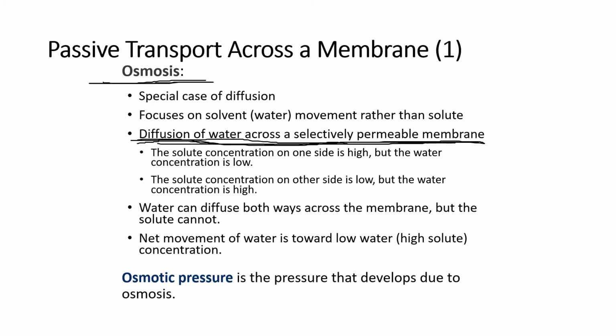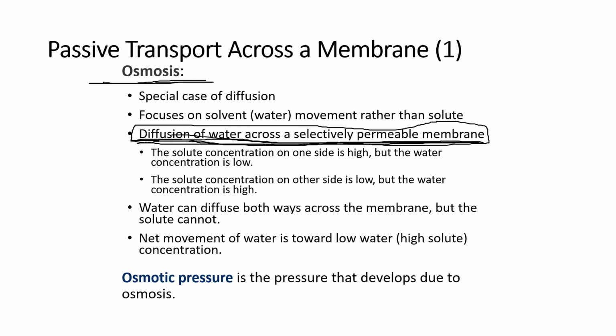So this is the definition of osmosis. And diffusion hints that water is going to be moving from a high to low water concentration. So water will move from where it's highly concentrated to where it's lowly concentrated.